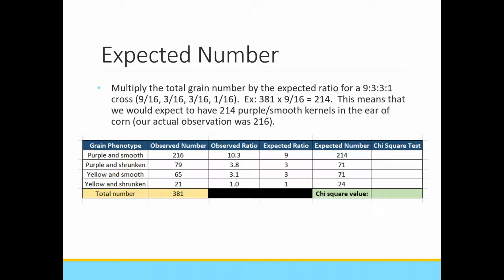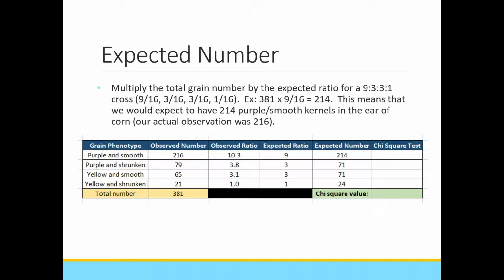So remember previously with the Punnett square table, we have 16 boxes in that Punnett square table, and 9 out of 16 represented the purple and smooth alleles and whatnot. So we need to multiply our total grain number by these fractions.